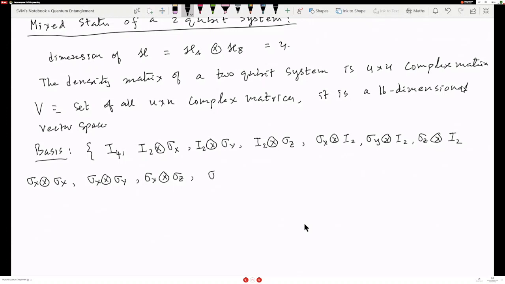Then we have sigma y product sigma x, sigma y product sigma y, sigma y product sigma z, and sigma z product sigma x, sigma z product sigma y, and sigma z product sigma z.